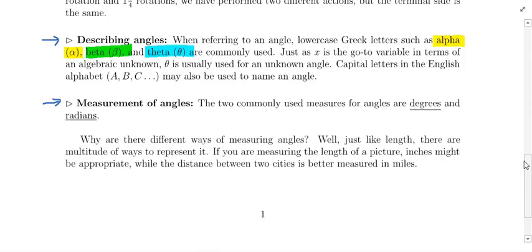If something's measured in feet, you might need to convert it to miles and vice versa. So you might have an angle in degrees and you may need to convert it to radians, or vice versa. Maybe you have an angle in radians and you need to change it over to degrees. So that's what we're going to concentrate on in this section: reviewing degree measurement, learning what radian measure is, and then talking about how to convert between the two.